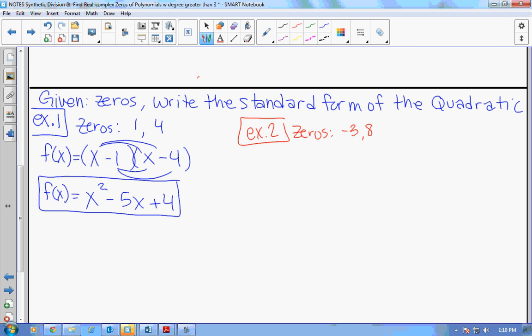I want you to go through the whole process. Go back up the ladder. If you have the zeros, you need to write the equation. You go from zeros to factors to standard form in the equation. Make sure you have an f of x equals in front, or a y equals.